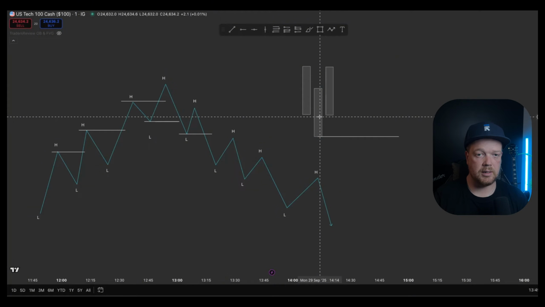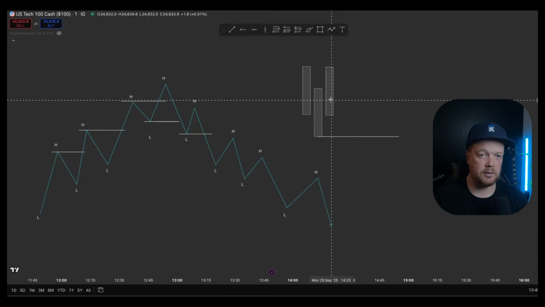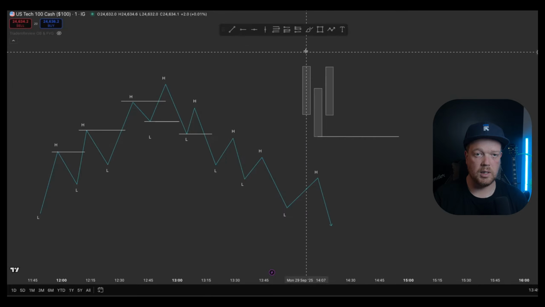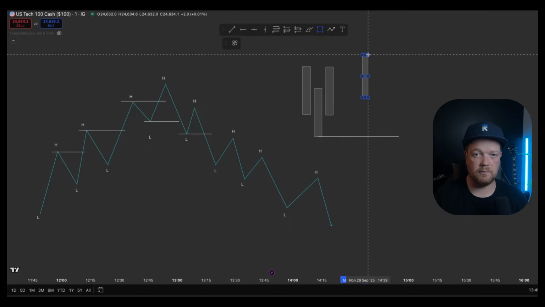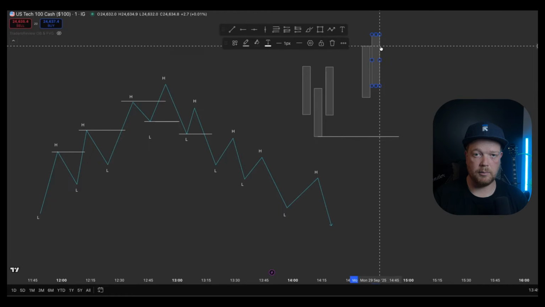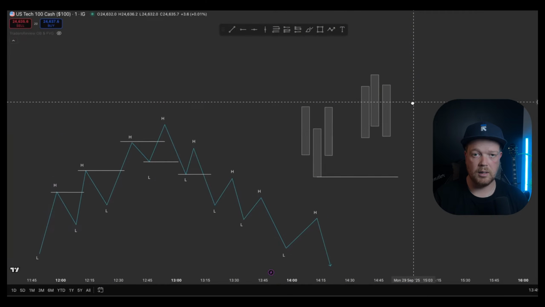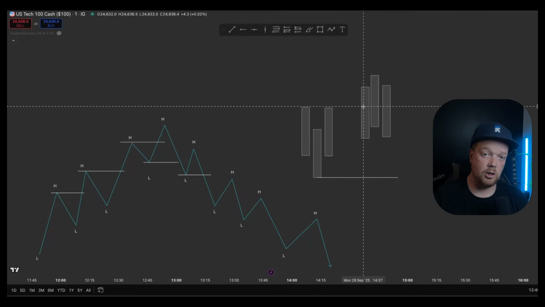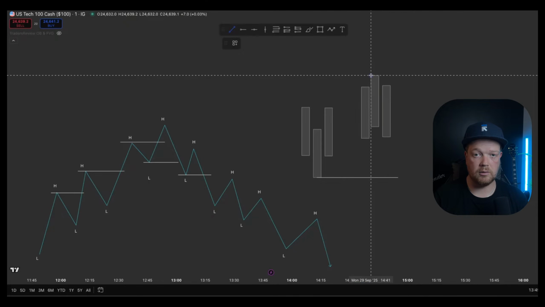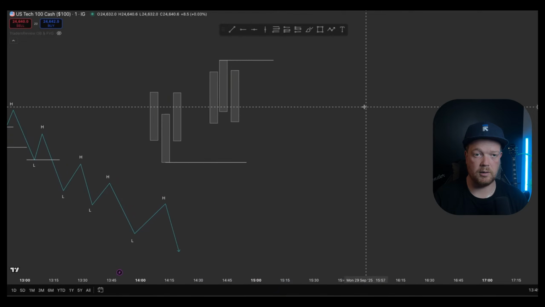So it's basically the candle on the left is higher, candle on the right is higher, and this is where you mark out your low. Same if you have an up candle, like an up fractal high. So the candle on the left is lower, candle on the right is lower, and then you mark out your high right over there.